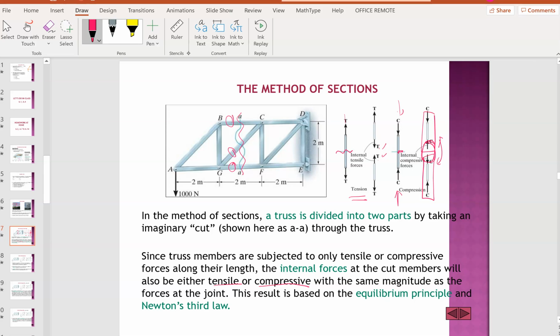When you join them, they all cancel off and balance, and there are no forces in between. Based on the equilibrium of a particle and Newton's third law, you know that when you join them together, they cancel each other off.